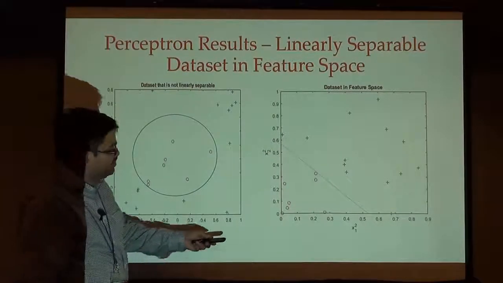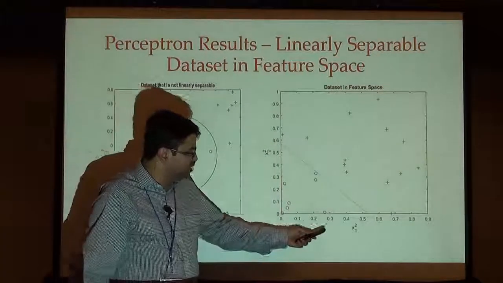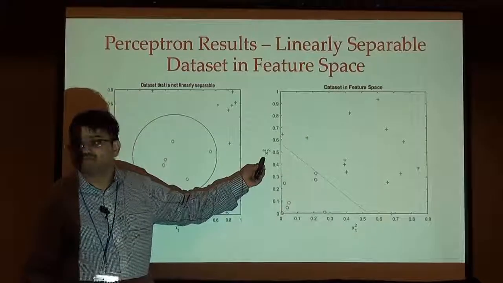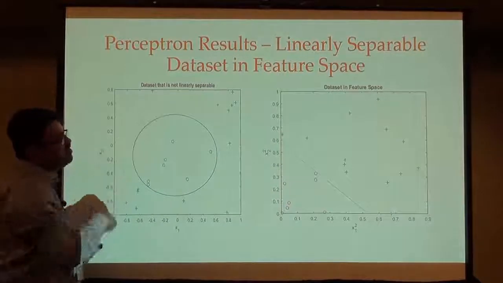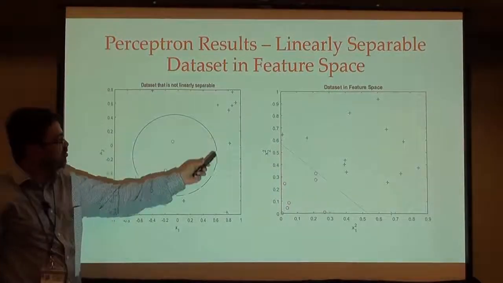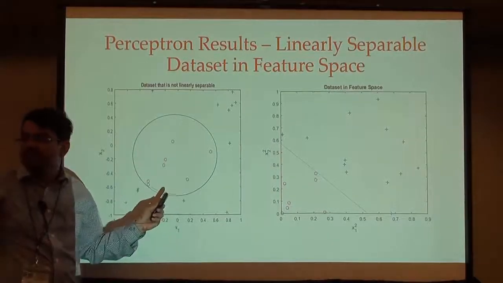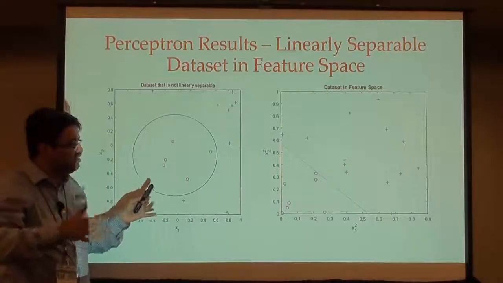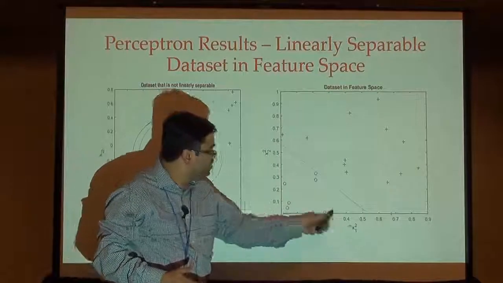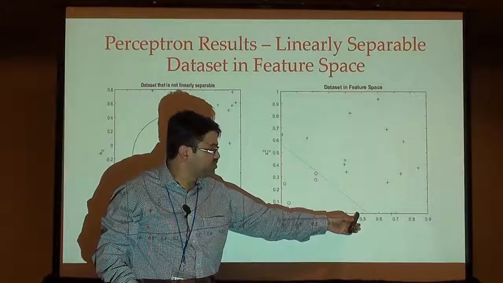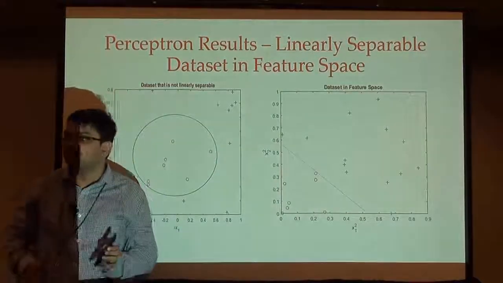So here I have made the features with x1 square and x2 square. With x and y, this data was not linearly separable, but it was separable with a circle, right? But a circle is basically linear in x1 square and x2 square. So if I make the features non-linear, then it becomes linearly separable. So I'm not changing the algorithm.